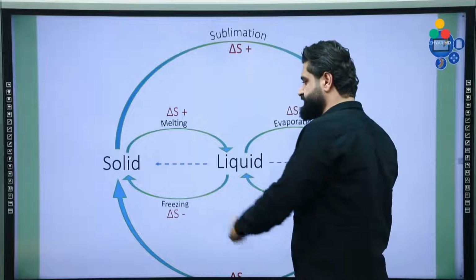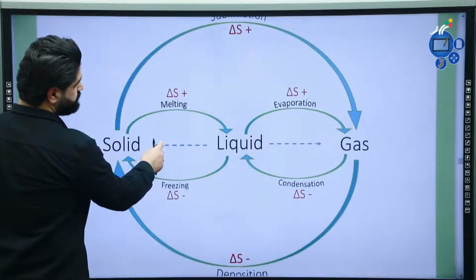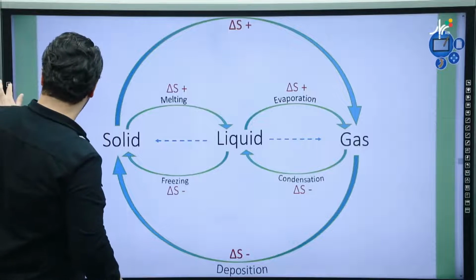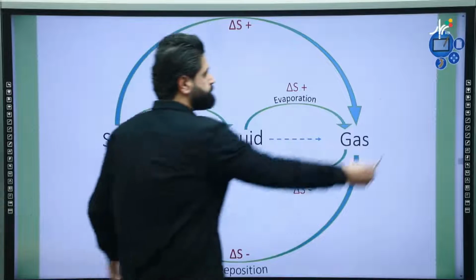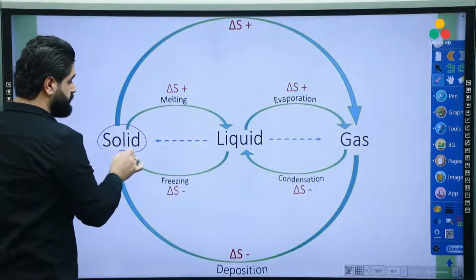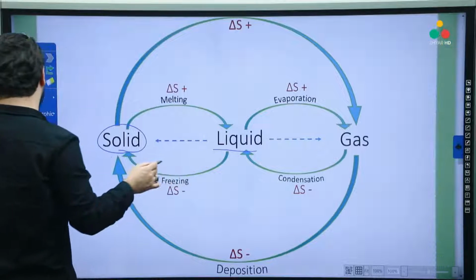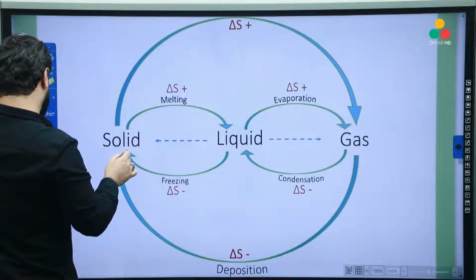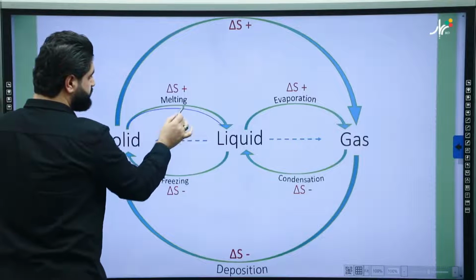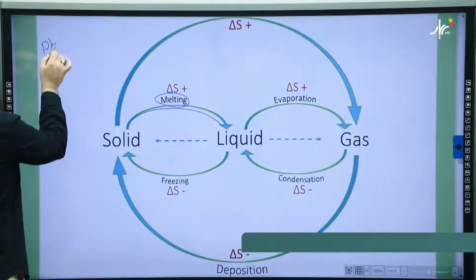Look, we have three states, as you know: solid, liquid, and gas. Conversion from solid to liquid is called melting. These are physical changes.